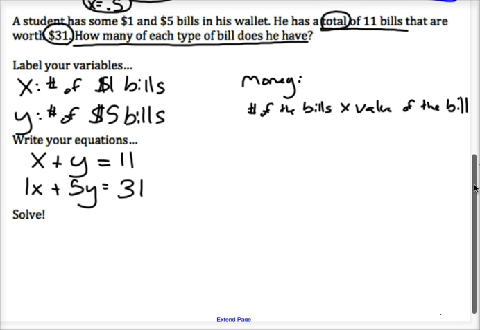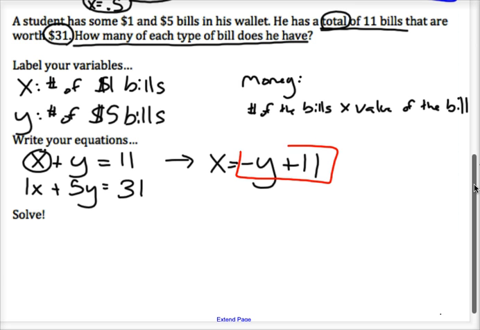Now here we have a lot of variables that have no coefficient or simply a coefficient of 1. The one that I'm going to choose to focus on is that x. So I'm going to subtract y from both sides of that equation to get my new equation, x equals negative y plus 11. So I've done my first step.